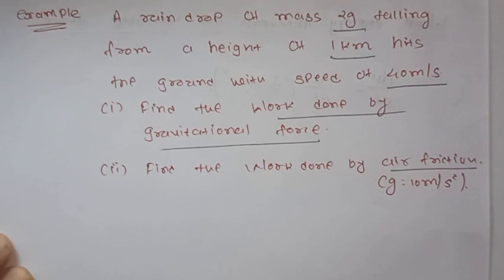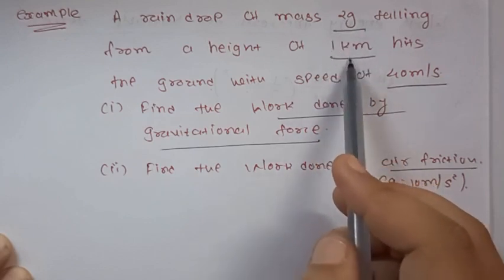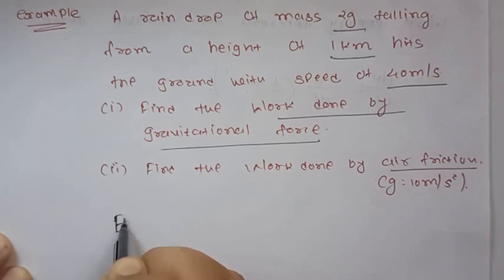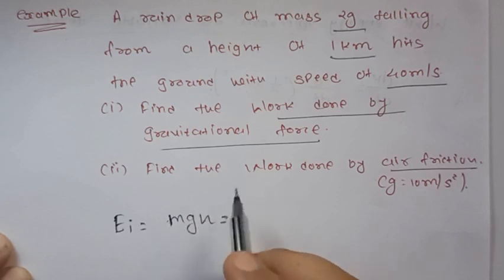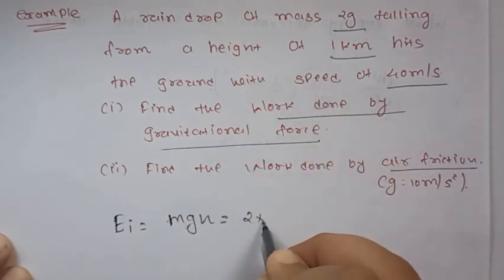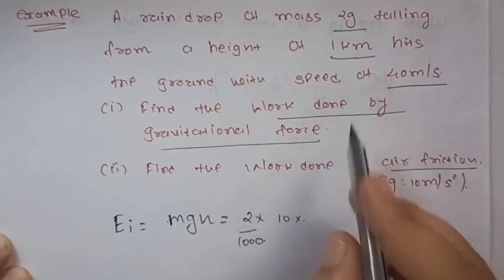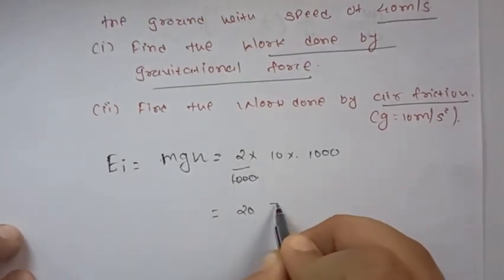Here, initially, when the raindrop is falling, it has some energy. So initial energy, let's say Ei, is equal to mgh. So mass is 2 divided by 1000 because it is in gram, into 10 into 1 kilometer, that is 1000 meter. So the initial energy is 20 joule.